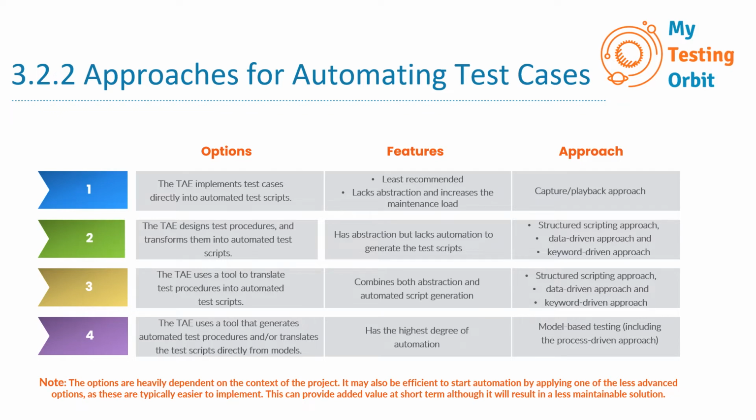But it all depends on the scenario of the organization and the project you need to automate. That's why sometimes we can go with the less advanced option, because that might work well in the short term and maybe it serves the purpose.